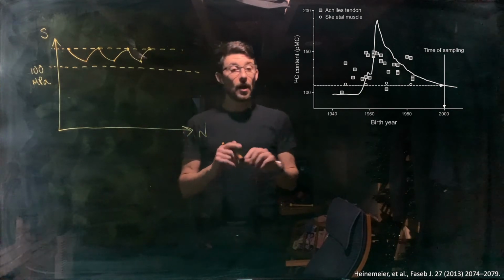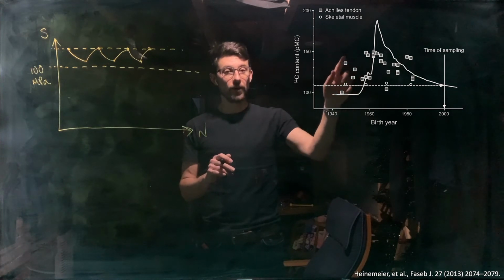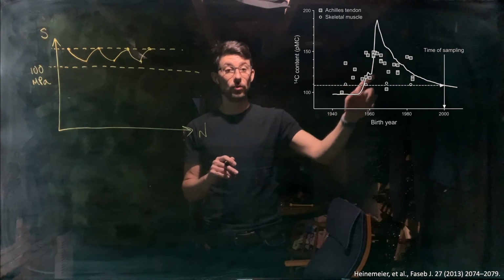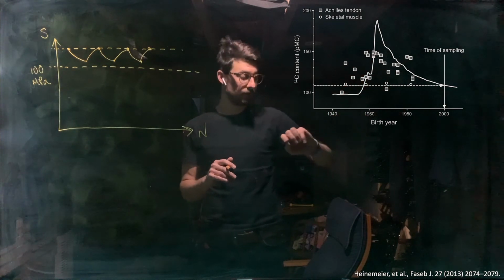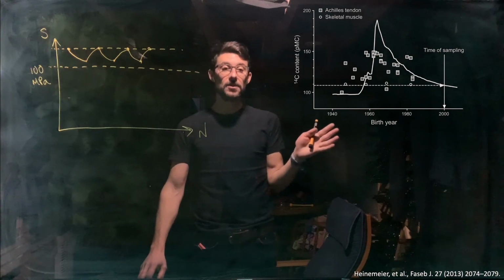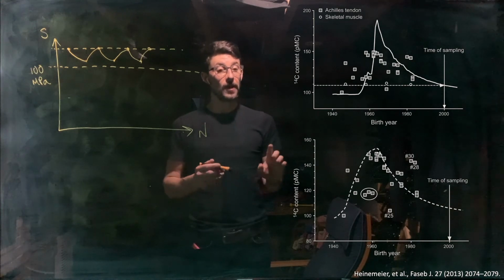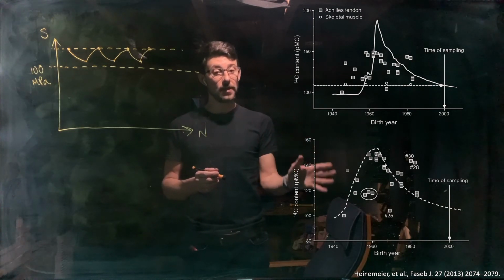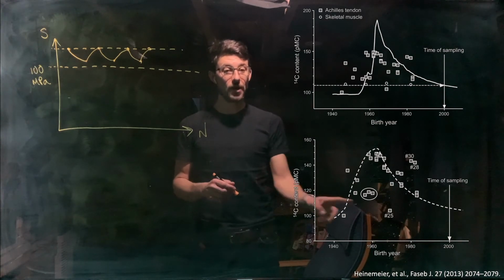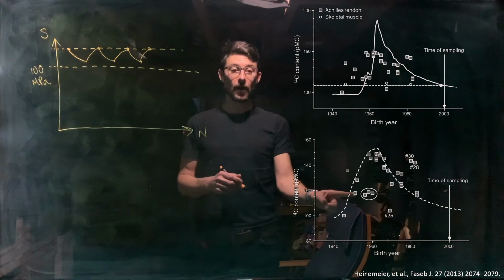There doesn't seem to be in this plot a whole lot of correspondence between these square dots and the line indicating atmospheric carbon-14. But if you do a 17-year average on that line, then you get a really nice correspondence. This dashed line here is the 17-year average.